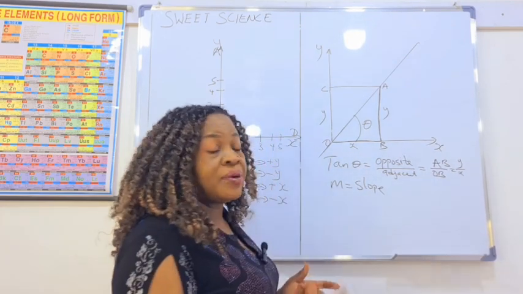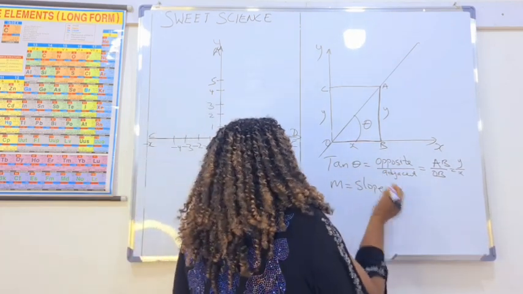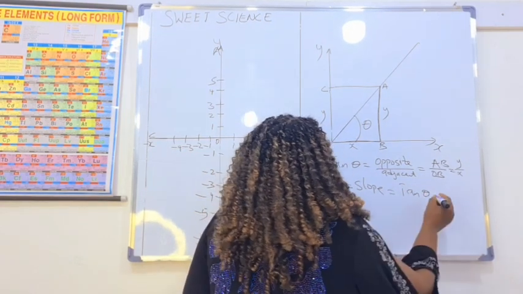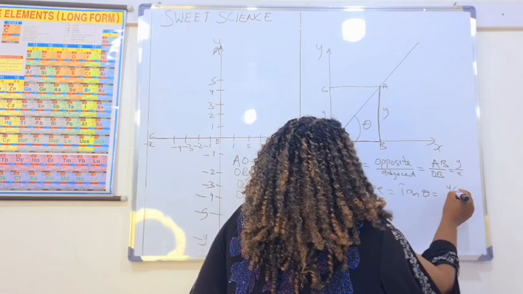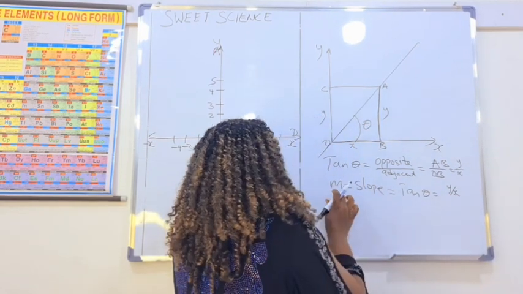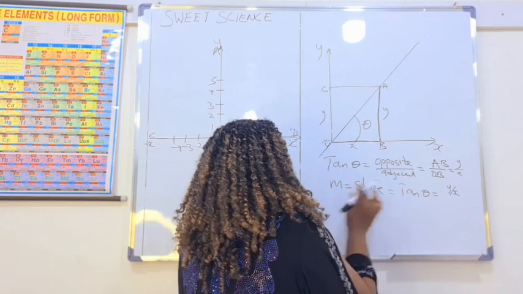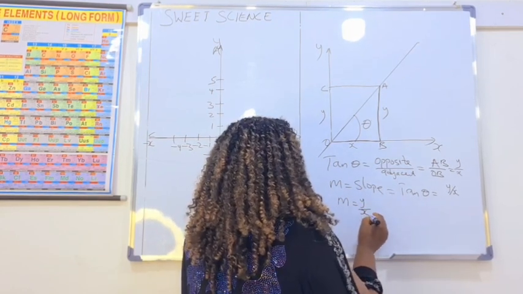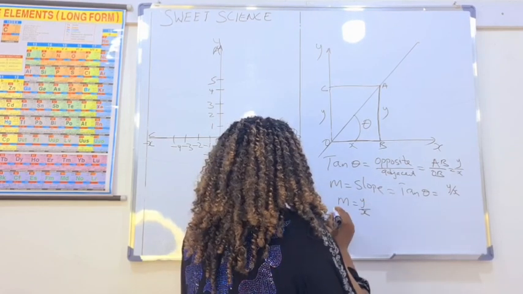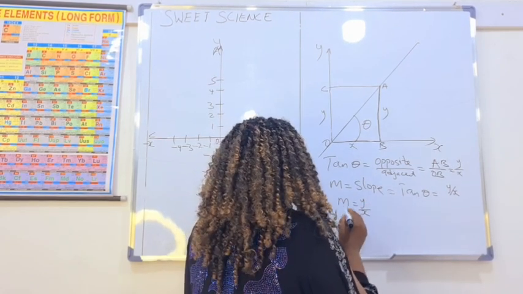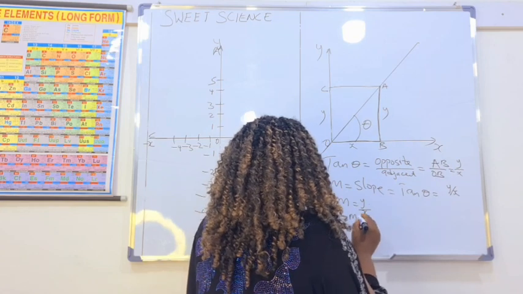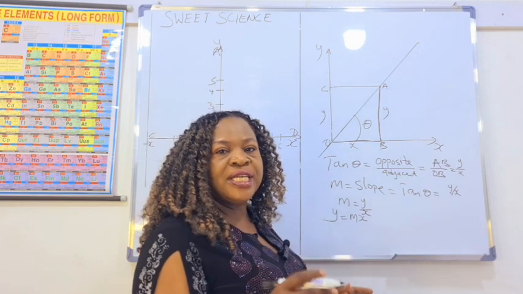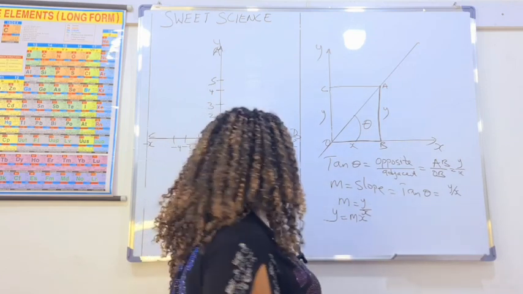M is equal to our slope, and our slope also is equal to tan theta, which is equal to Y over X. Making Y the subject of the formula, we now have that Y is equal to mx. This is the equation of a straight line graph passing through the origin.